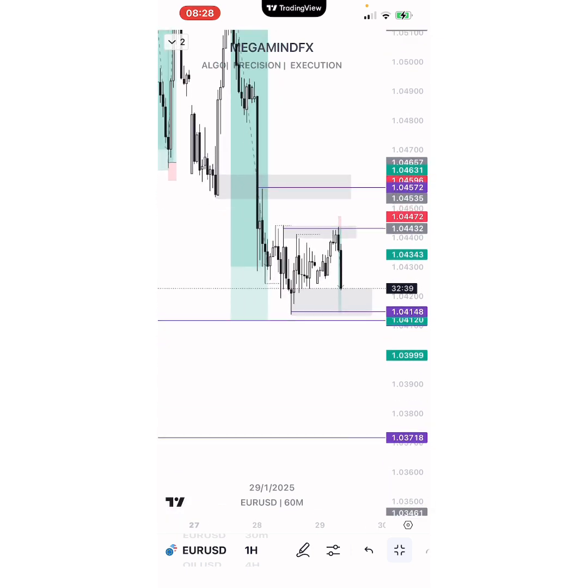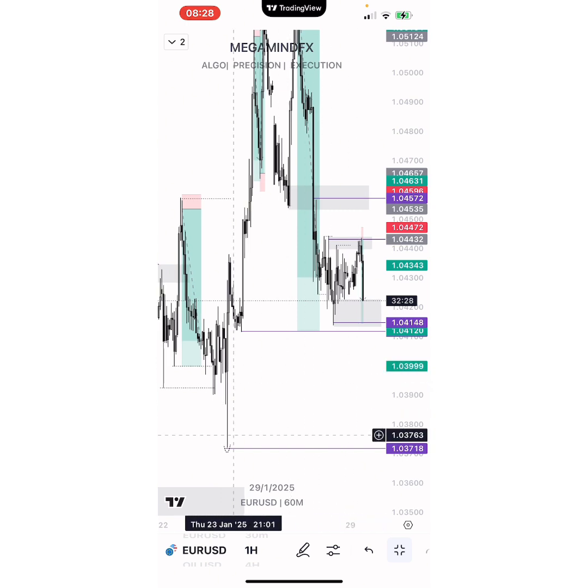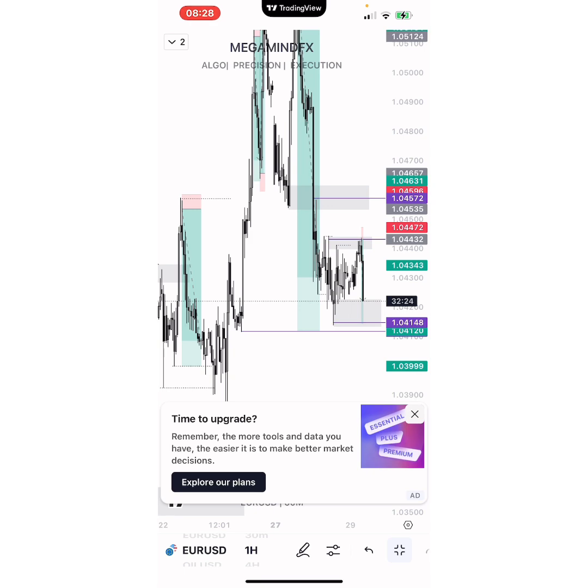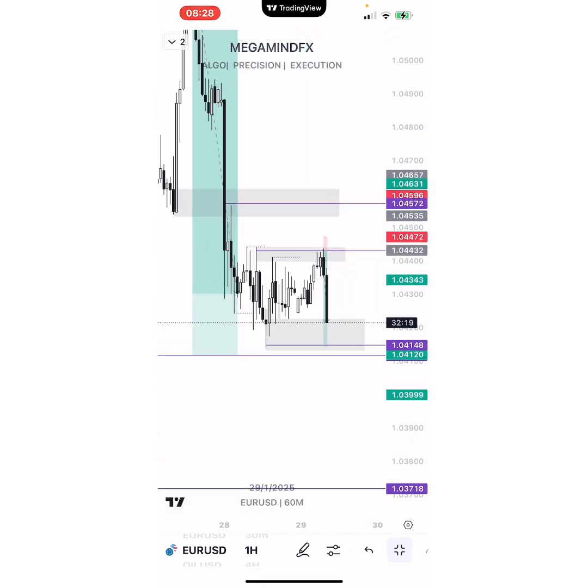You see that? So price may come to take out these levels here and then come into these levels here. That's the reason why price is kind of dicey. So be careful trading buys from here. It could happen, it could work, but let's just be careful with trading buys from here.